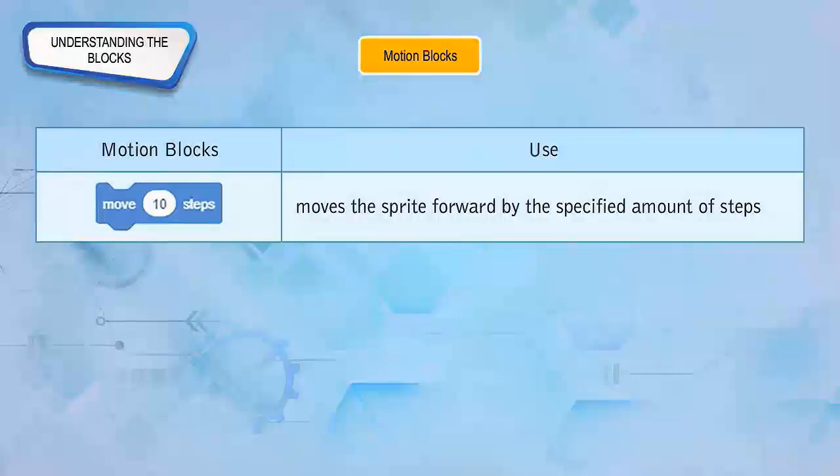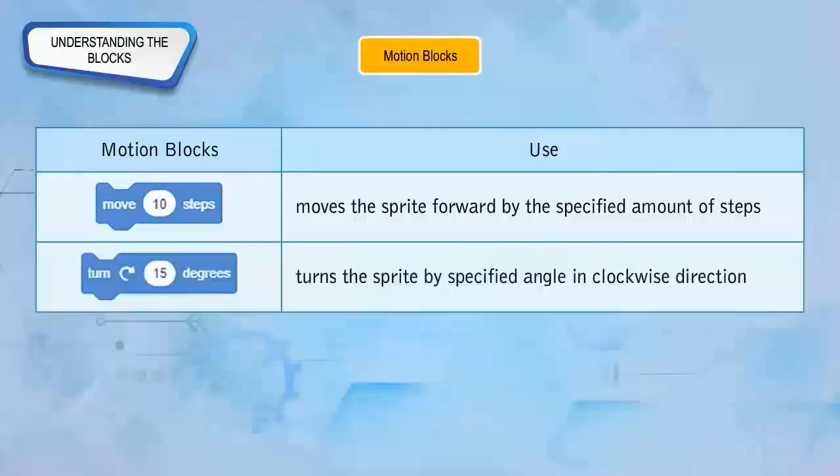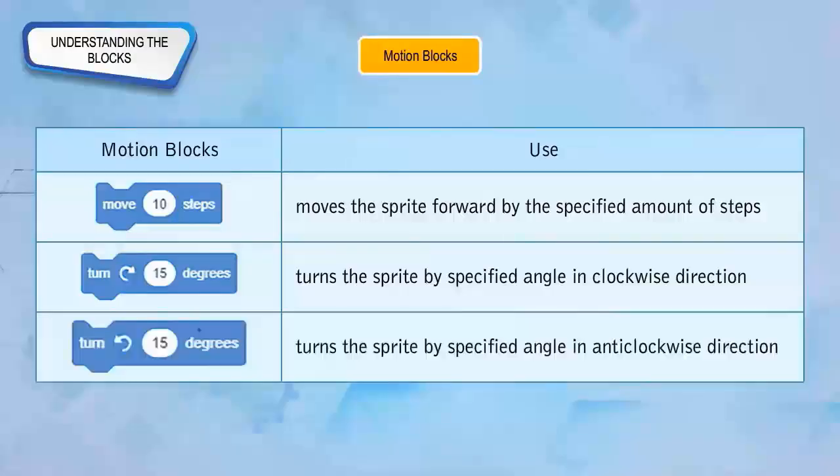Move 10 steps. Moves the sprite forward by the specified amount of steps. Turn 15 degrees. Turns the sprite by the specified angle in clockwise direction. Turn 15 degrees.